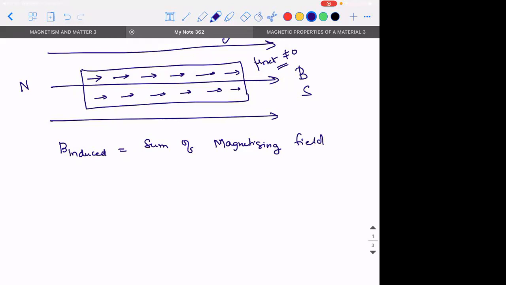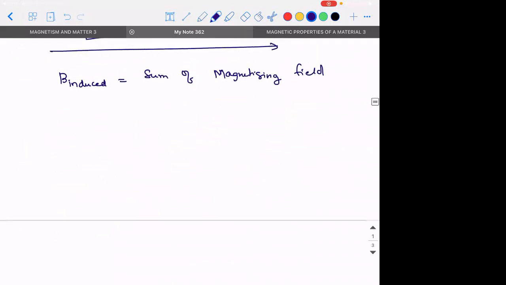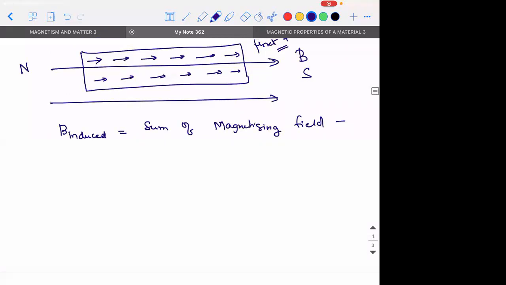So now what am I trying to talk about? I'm talking about magnetic induction. Magnetic induction is defined as the sum of the magnetizing field plus the induced field. I'll write it as magnetic induction.